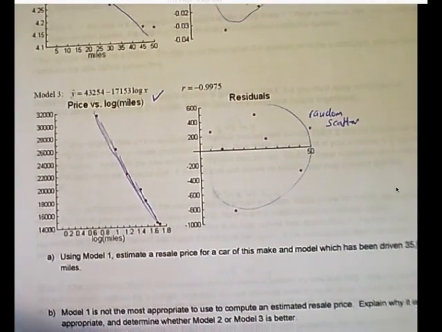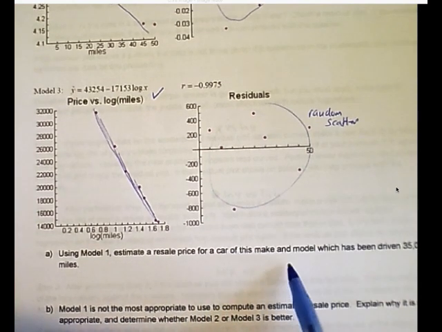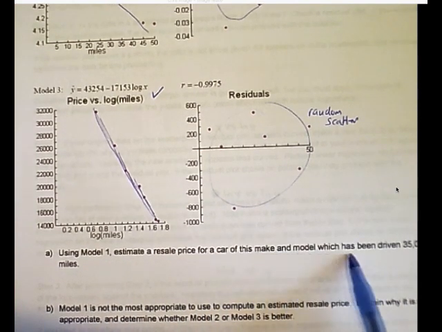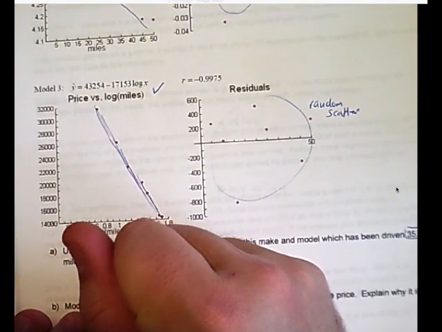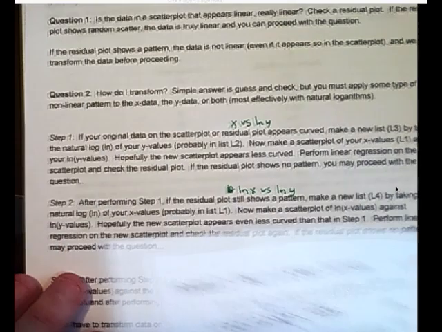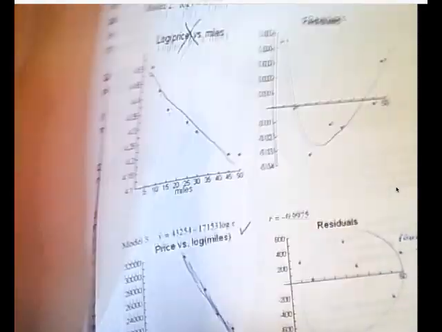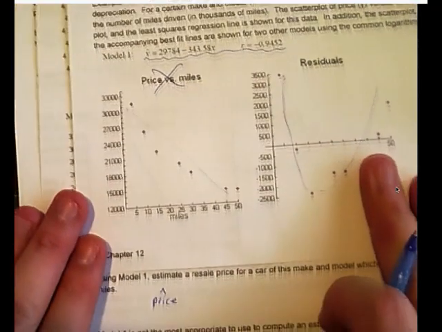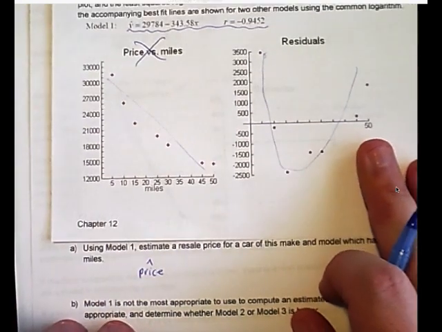So in part A, it just says, using model 1, estimate a resale price of this make and model, which has been driven 35,000 miles. So the predicted price in that case, if I go back to example 1, that's model 1.